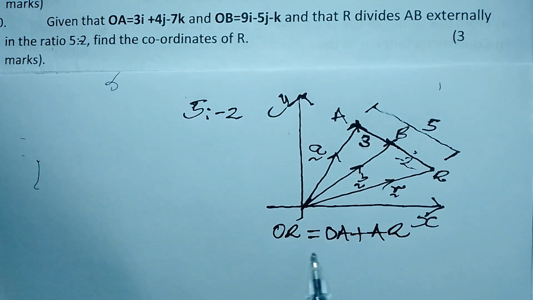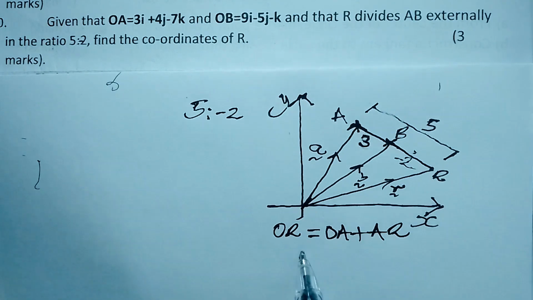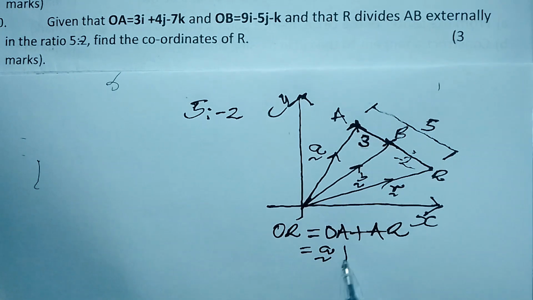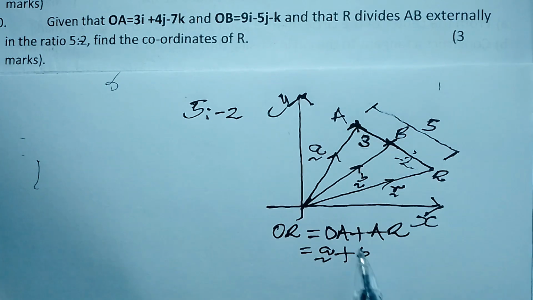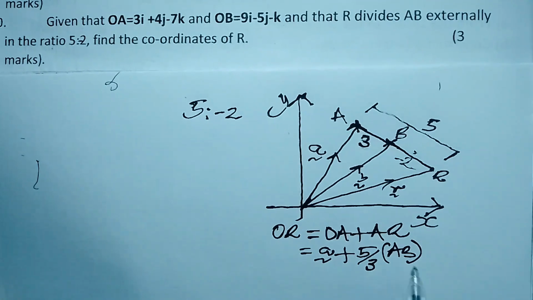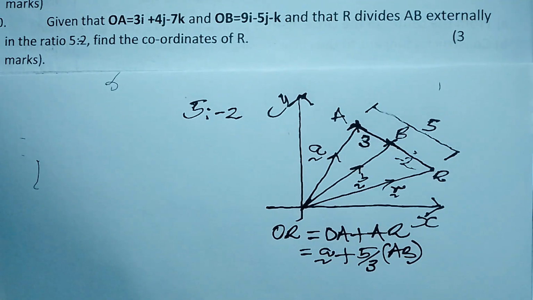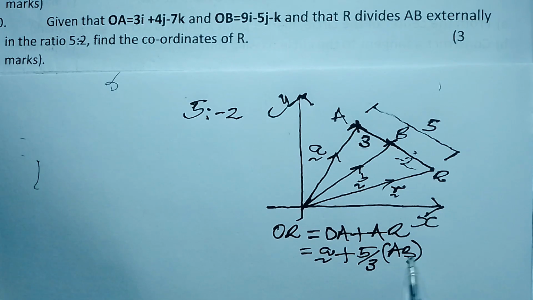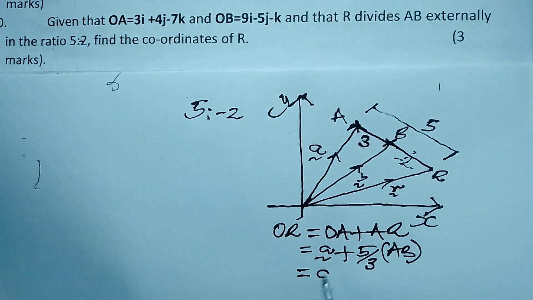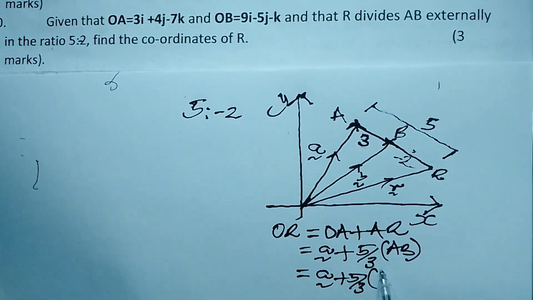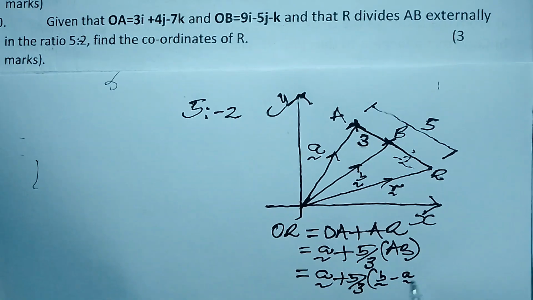OA is given by vector A. So AR is given by plus 5 out of 3 parts of vector AB. And what is vector AB given by in terms of small vector A and small vector B? AB will be given by vector B minus vector A. So OR here will be given by small vector A plus 5/3 into brackets vector B minus vector A.